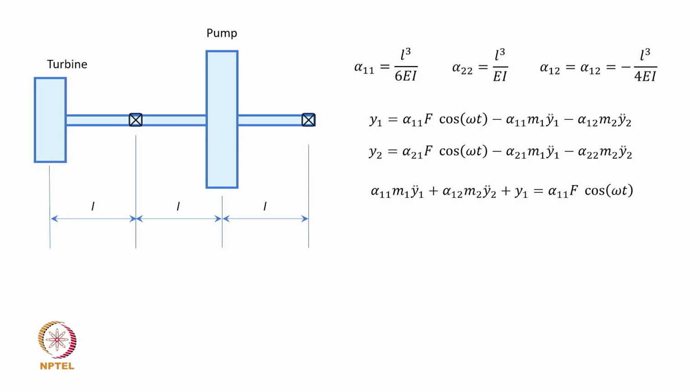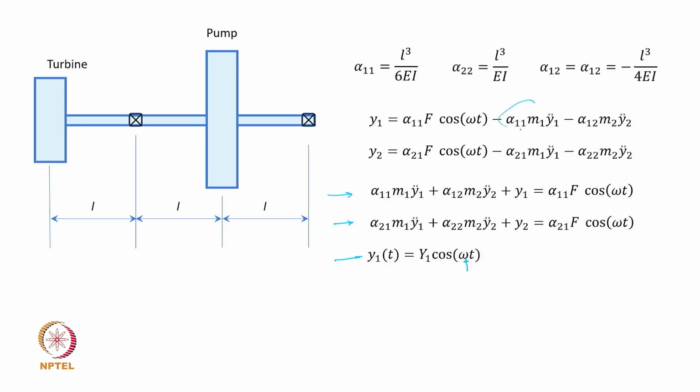This expression is now going to be rearranged to this, and then you use the assumed solution with the frequency of harmonic excitation. If you rearrange these terms, this is what you get as the governing equation of motion for a dynamic lateral vibratory motion of the shaft. I am just rearranging these terms on the left hand side the way we do it.